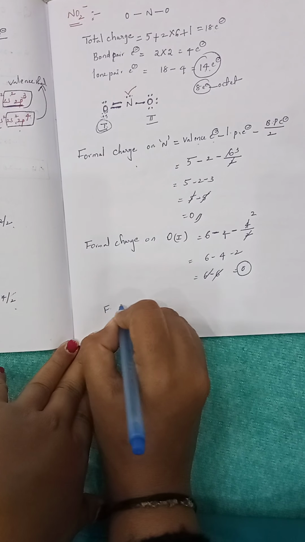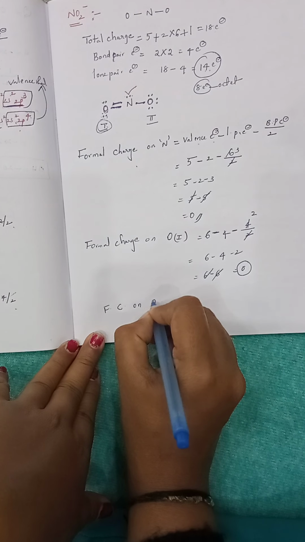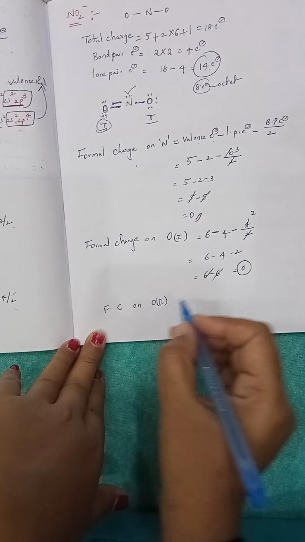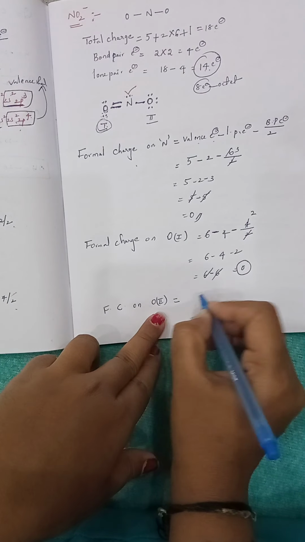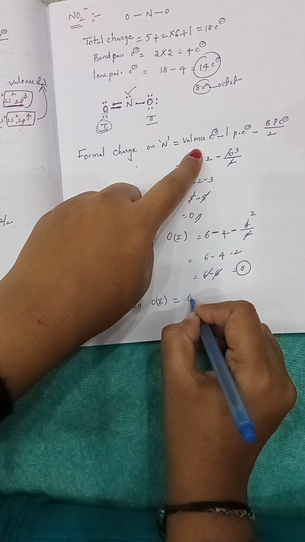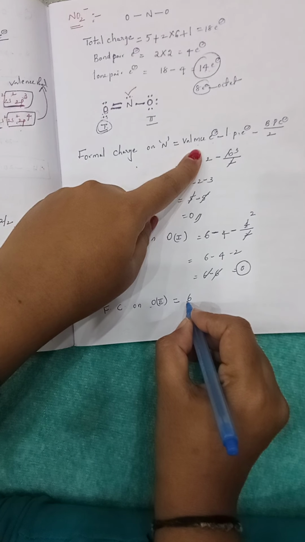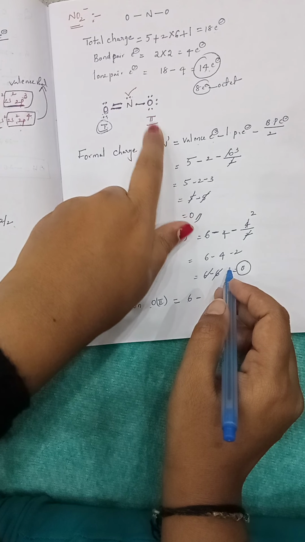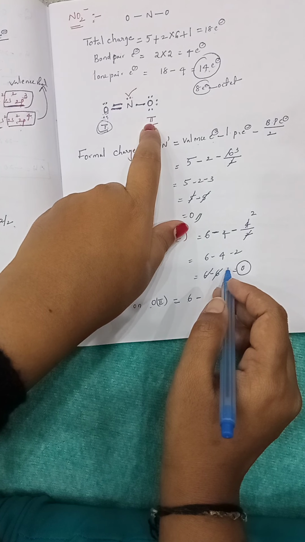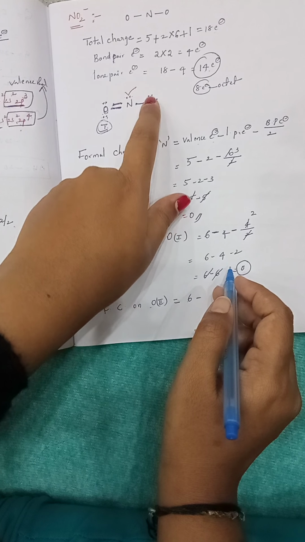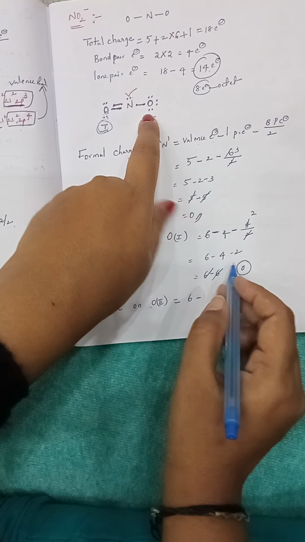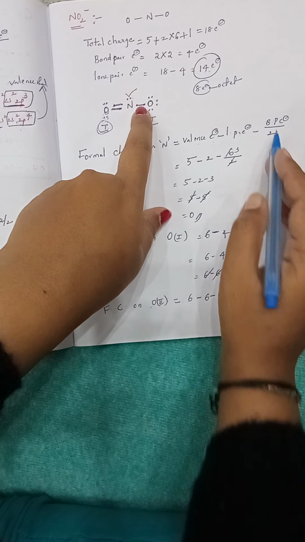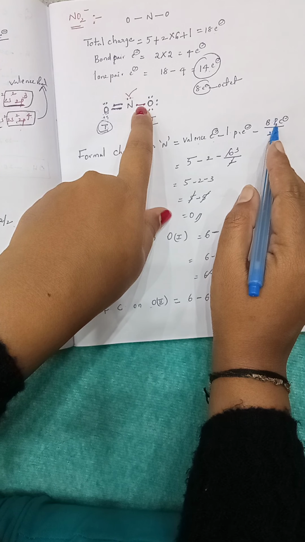Next, the formal charge on the second oxygen. It equals valence electrons, and we know valence electrons in oxygen are 6, minus lone pair electrons. On this second oxygen, how many lone pair electrons are there? 2 plus 2, 4, 4 plus 2, 6, minus bonded pair electrons.